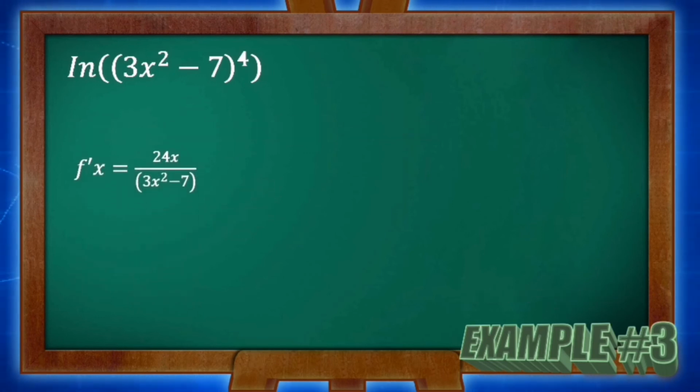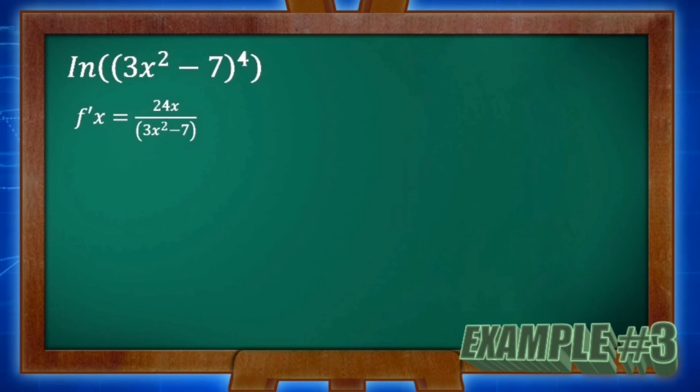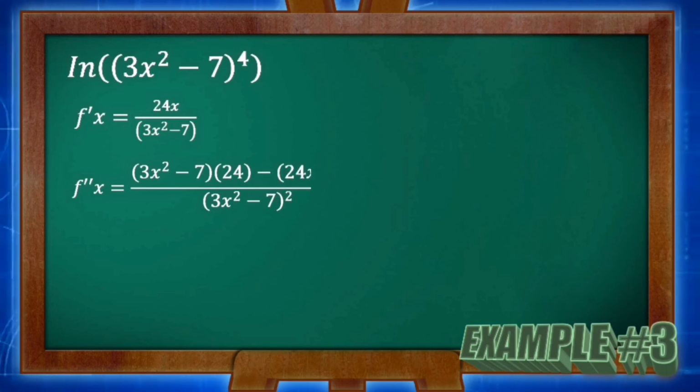For the second derivative, we just need to apply the quotient rule. So, (3x squared minus 7) times the derivative of 24x minus 24x times the derivative of (3x squared minus 7) over (3x squared minus 7) squared. We need to multiply it first before subtracting.